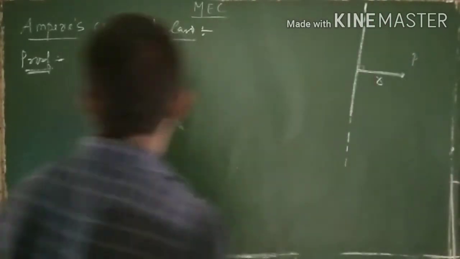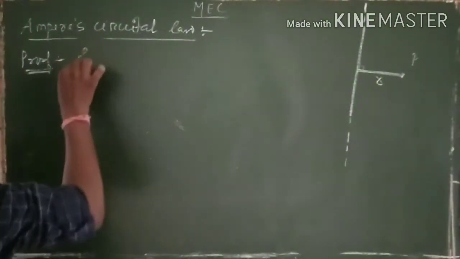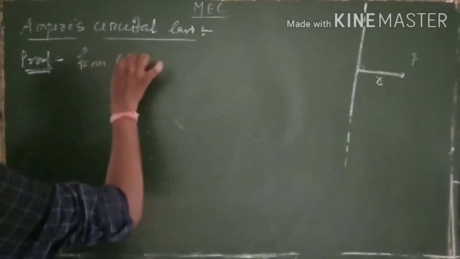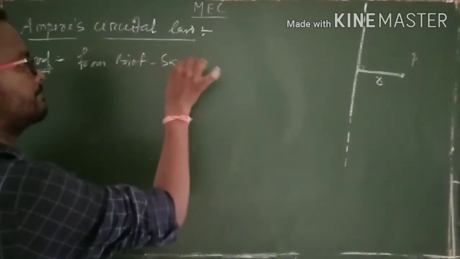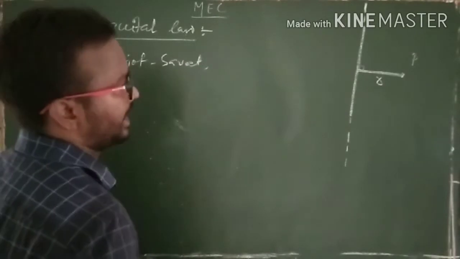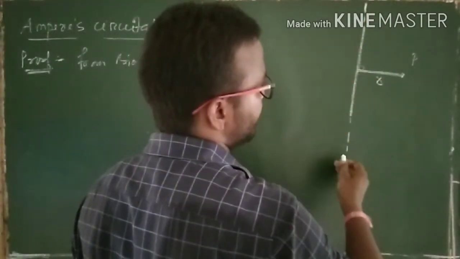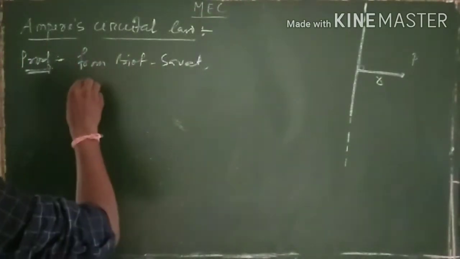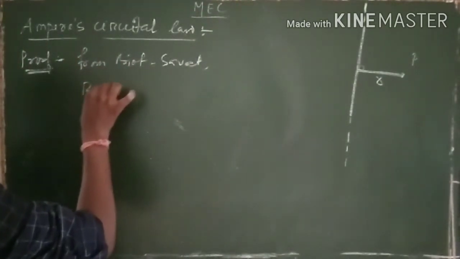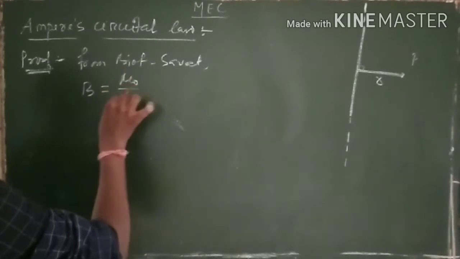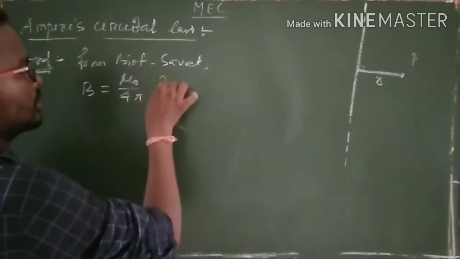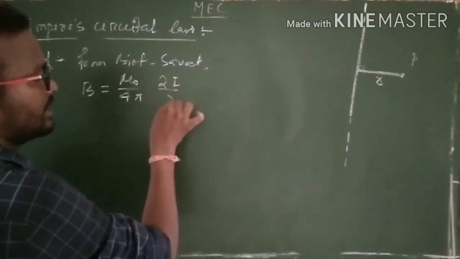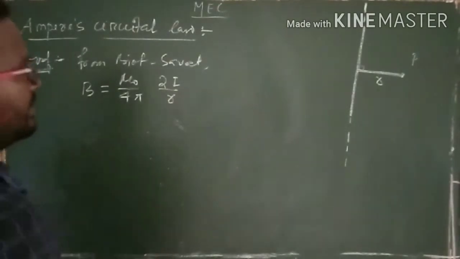We know from Biot-Savart law, the magnetic field due to a long straight conductor at point P, at a distance r, can be written as B equal to mu naught by 4 pi times 2 I by d. d means r. From Biot-Savart law.